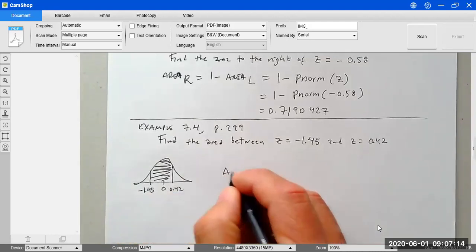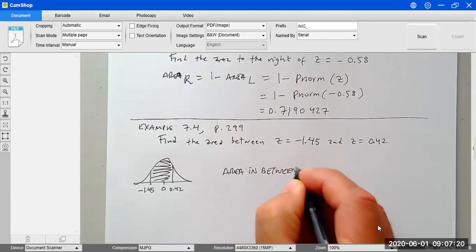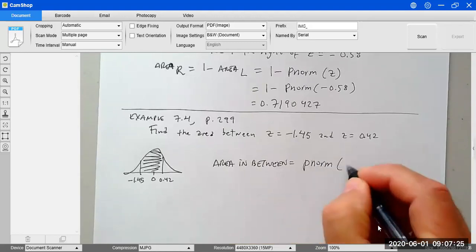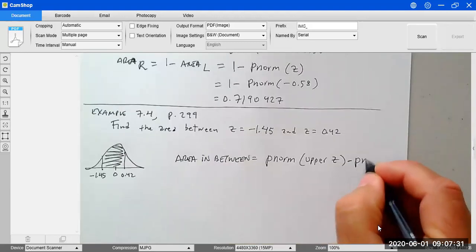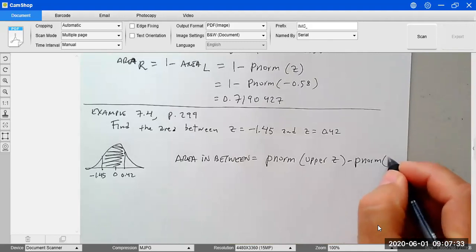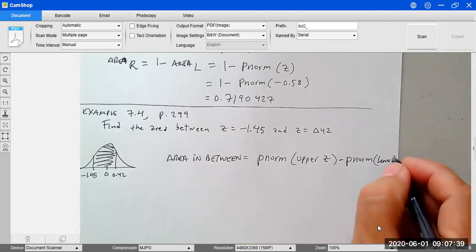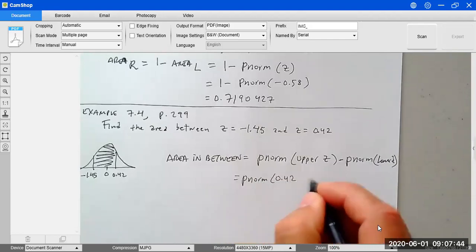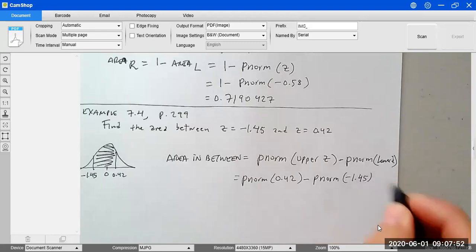So the area in between is going to be pnorm of the upper z minus pnorm of the lower z. In this case, it's pnorm of 0.42, that's the upper z, minus pnorm of the lower z, which is negative 1.45.